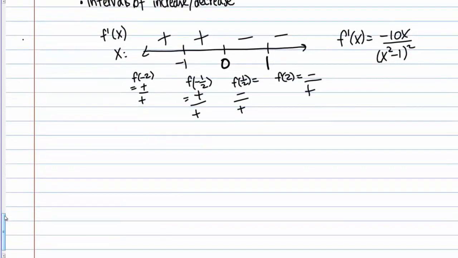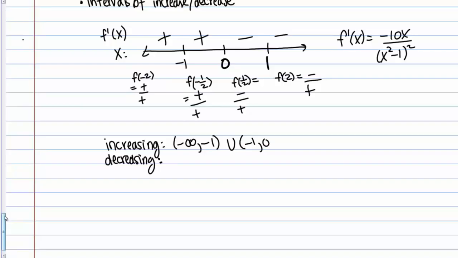So let's take that information and actually write out where the function is increasing, the intervals, and where the function is decreasing. All right, increasing. Well, it's increasing where the derivative is positive. So I'm going to write that as -∞ to -1 union -1 to 0.